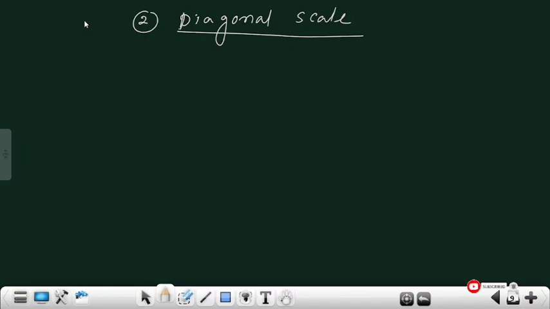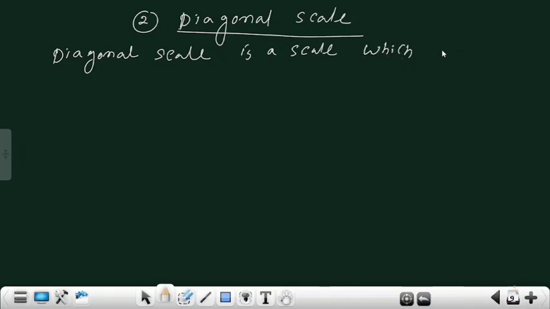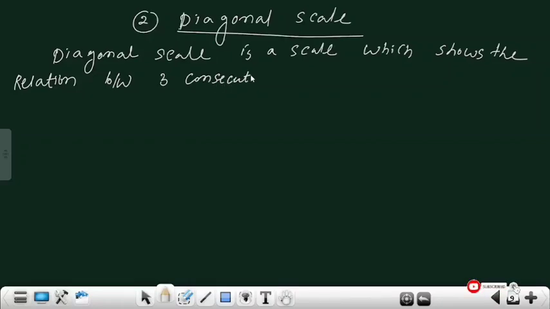So let's write down some points about the diagonal scale. A diagonal scale is a scale which shows the relation between three consecutive units.